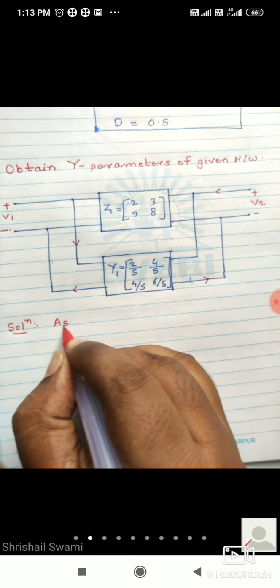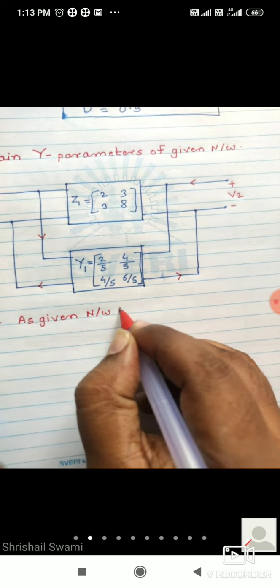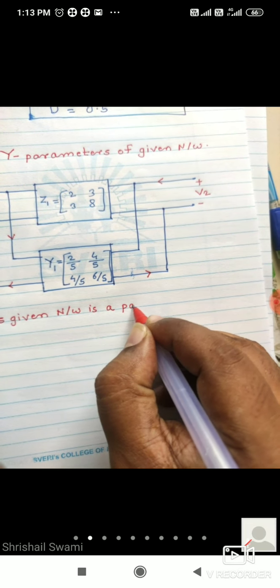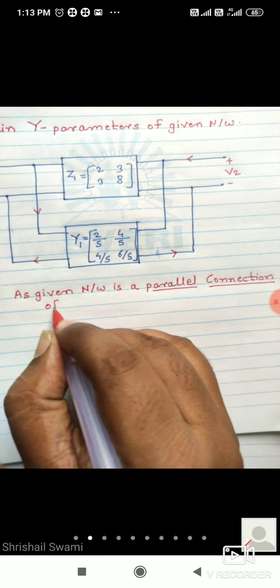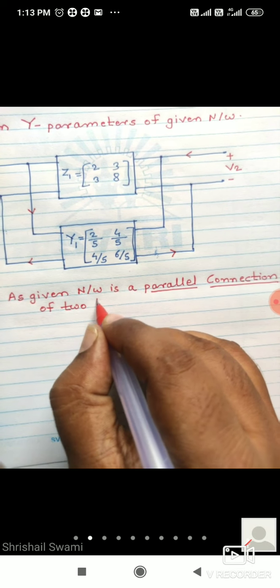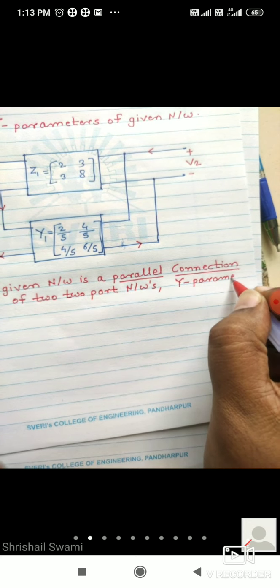As the given network is a parallel connection of two-port networks, Y parameters are used.